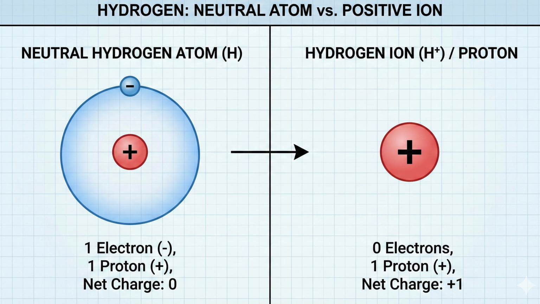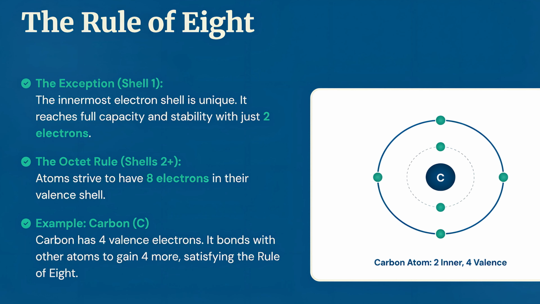Hydrogen, number one. And it really is number one, because it only has one proton. And an atom that has only one proton, generally speaking, only has one electron. Hydrogen is special because, like I said, it's the first atom, and its electron is in the first shell.